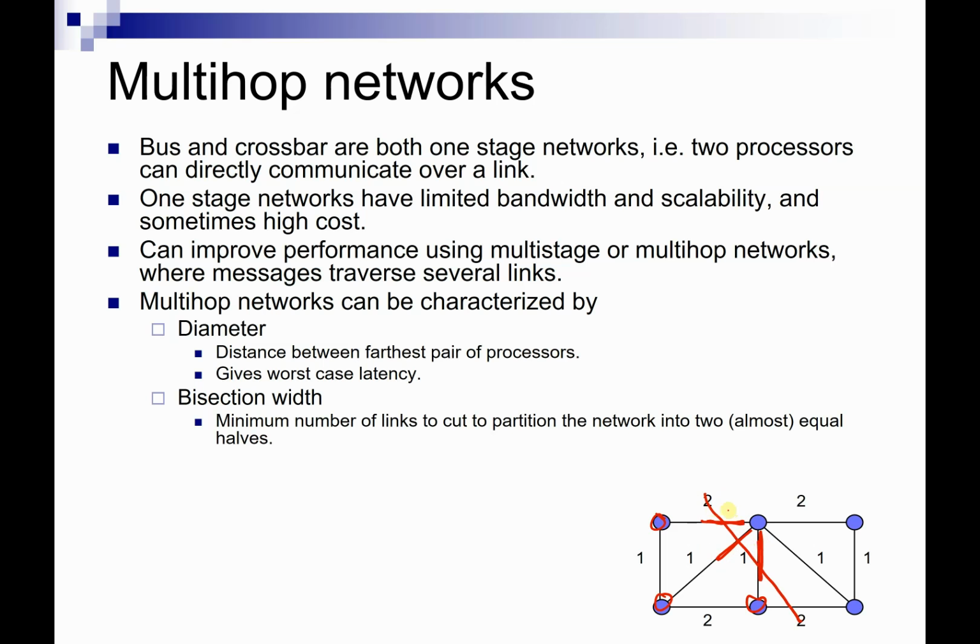By splitting the processors in this way, we're cutting these 3 links, which have a combined capacity of 4. So the bisection width of a network is basically the minimum capacity that you achieve when you split these processors into 2 almost equal halves.